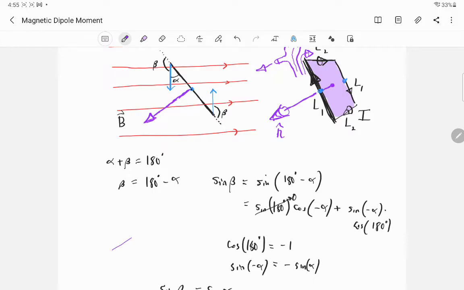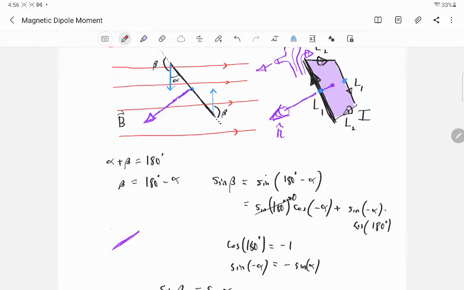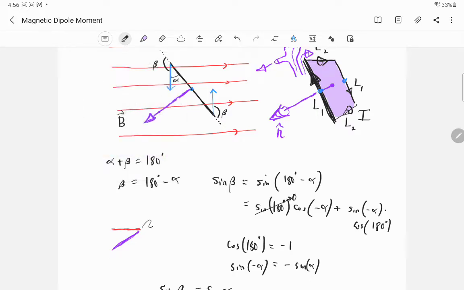This purple line, there is a horizontal red line, right? That's the direction of the magnetic field. You see the horizontal red line? Then there is a black line, and the black line is this diagonal line, which is actually perpendicular to the purple, right? And then there's this blue line that is also an interesting direction to keep track of.